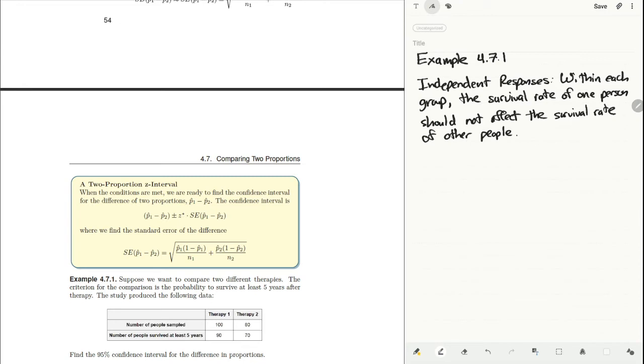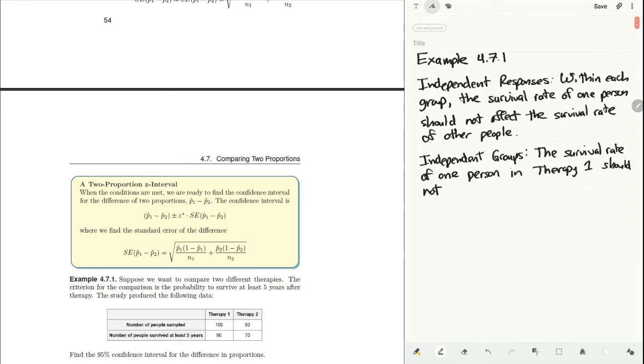We also need independent groups, which means that the survival rate of one person in therapy 1 should not affect the survival rate of people in therapy 2 and vice versa.